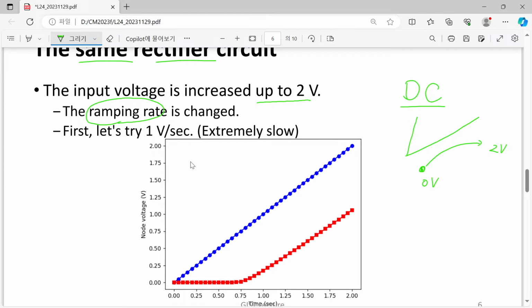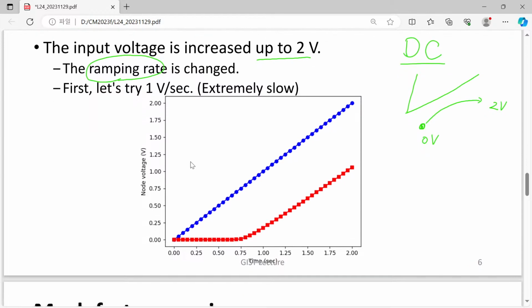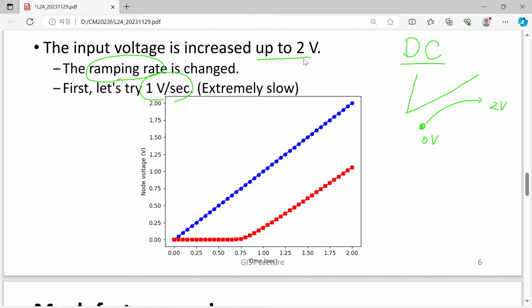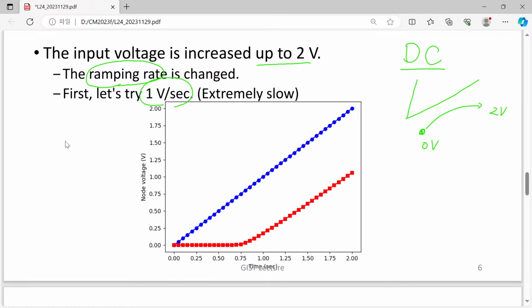In this first slide for our example, I just adopted a ramping rate which is extremely low, so 1 volt per second. Within 1 second, it just increased 1 volt. Since I just increased our input voltage up to 2 volt, this ramping takes just 2 seconds. Quite a long time.